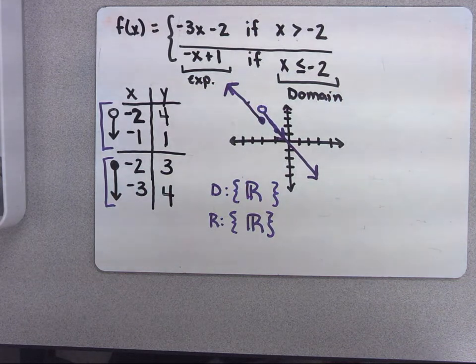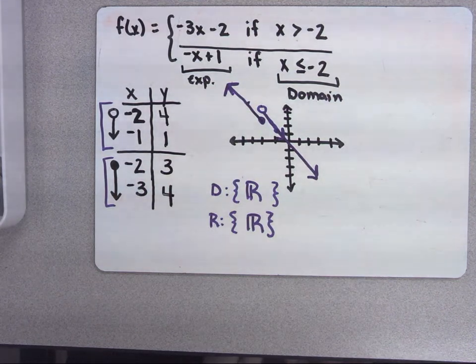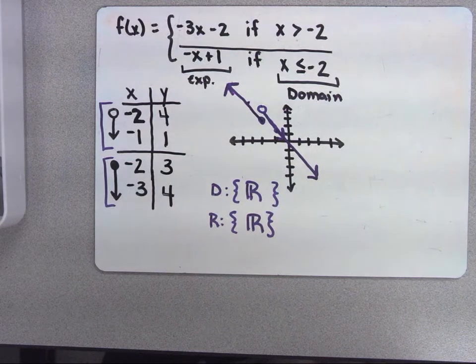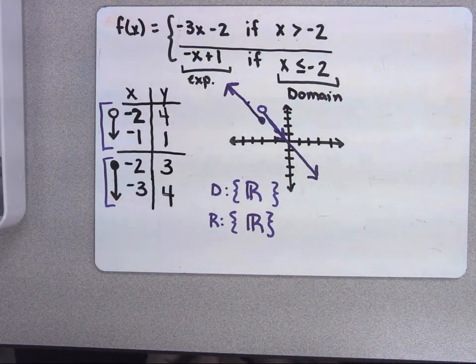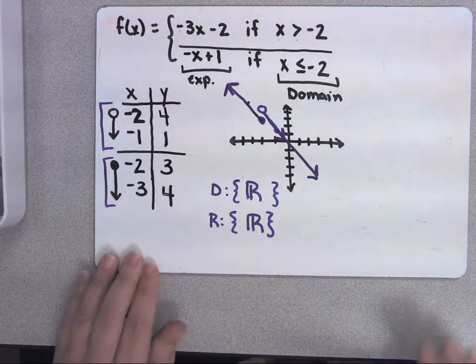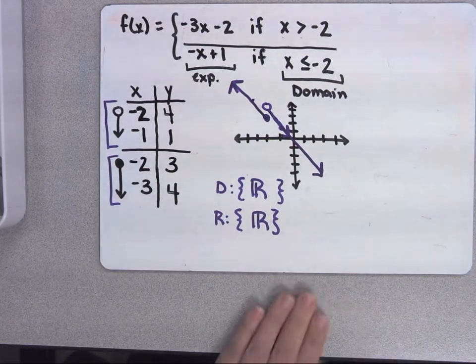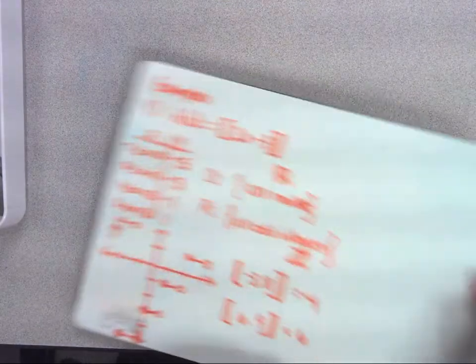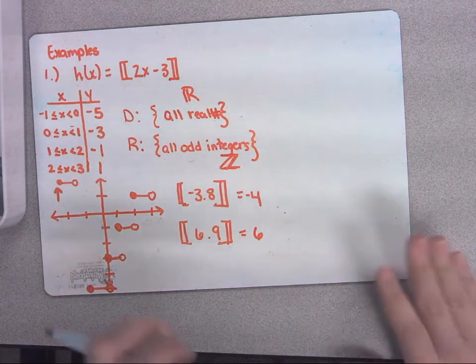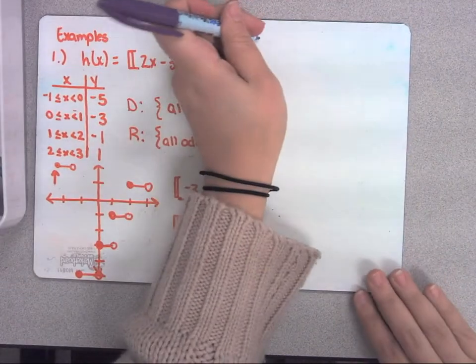The bottom one, your function is negative x, if x is less than or equal to negative 1. There you go, sir. I'll write them down for my peeps at home.